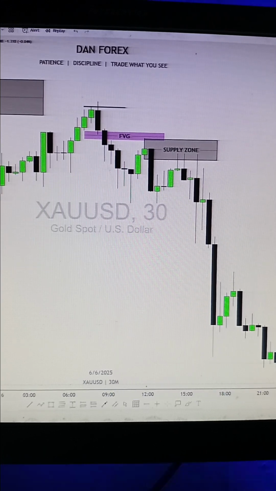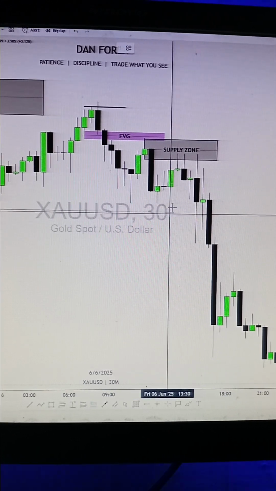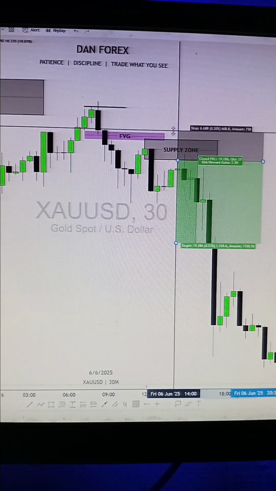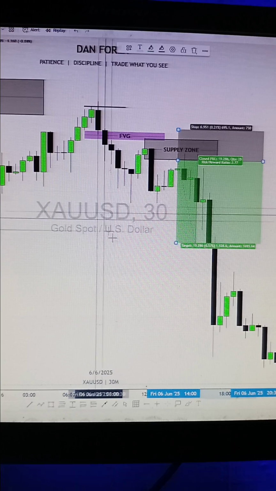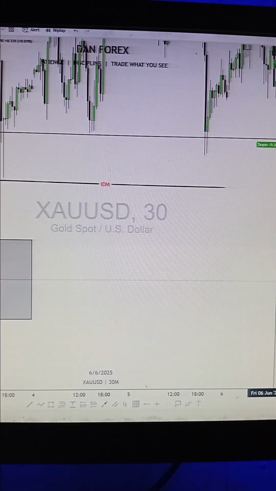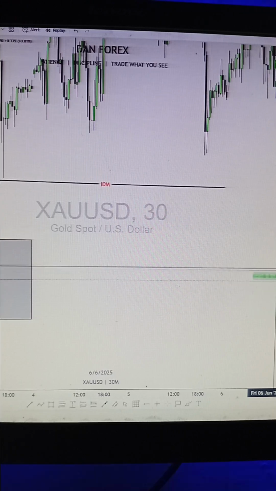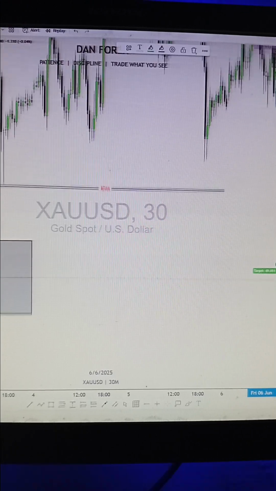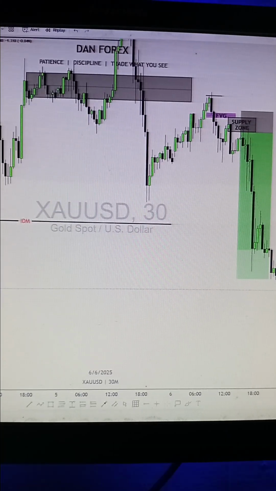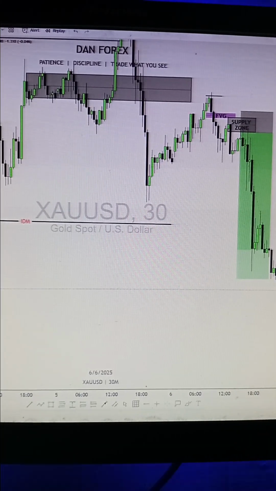Then stop loss just above this area, and you target the daily demand there. So this is how we managed to catch the sales.